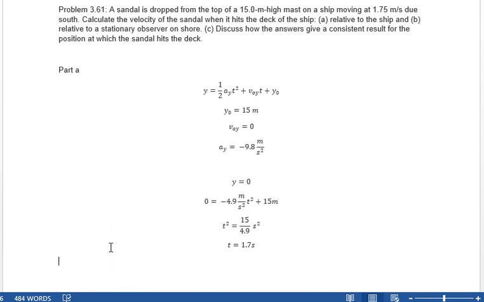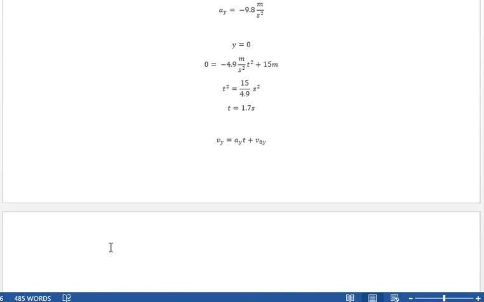Okay, so now we know how long it took for the sandal to hit the deck. Now we can turn to our velocity equation in Y. Vy is a_y t plus v naught y, right? Again, v naught y is 0. We know what a_y is, so Vy is minus 9.8 meters per second squared times 1.7 seconds.